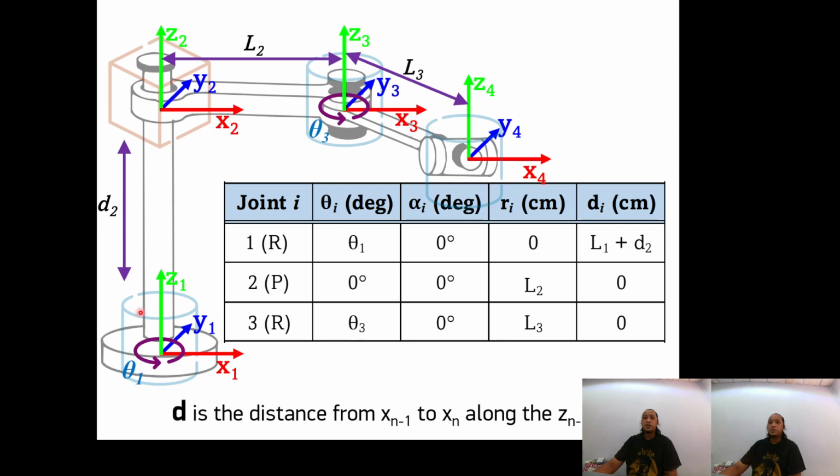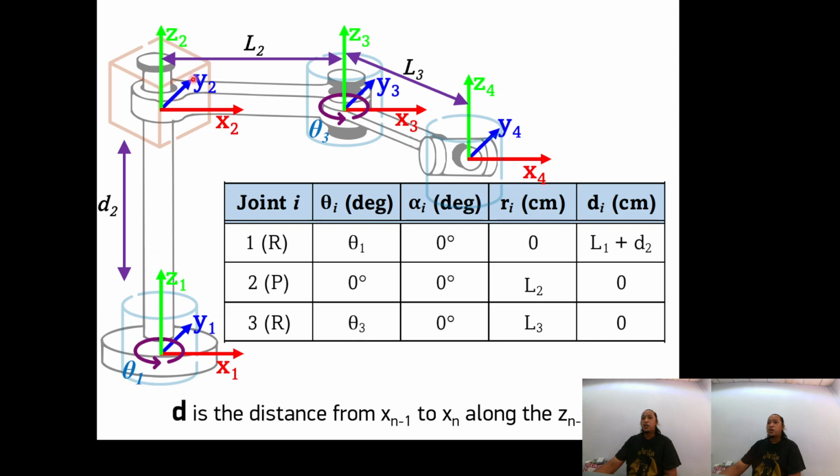This should be L1, but because there is a prismatic displacement, we have to remember that d2 is a predefined variable, and we have to mention it in the table. The length of it is L1 plus d2, because this is the displacement.